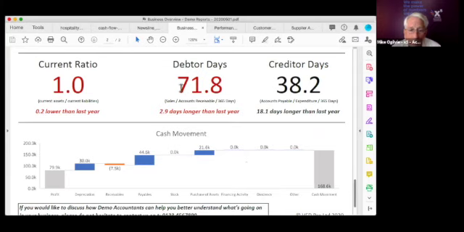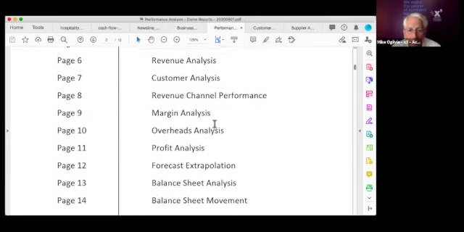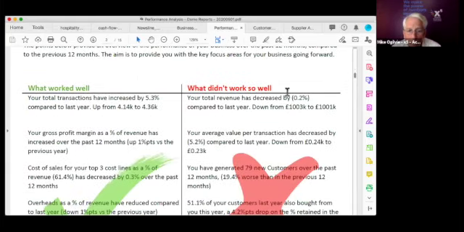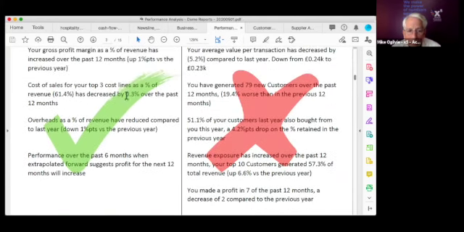And so we're looking at the current ratio and debtor days. Take that slightly further, we have a performance analysis that will take that information even deeper. So it says, what worked well, what didn't work well. Cost of sales for your 3 cost lines as a percentage of revenue has decreased.